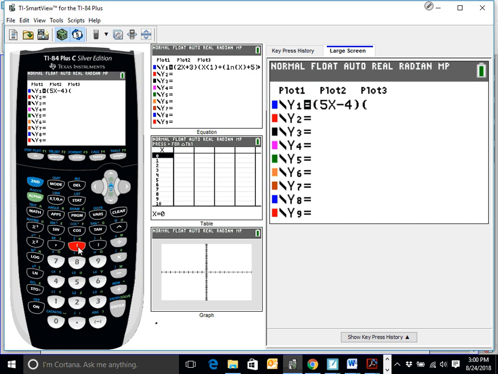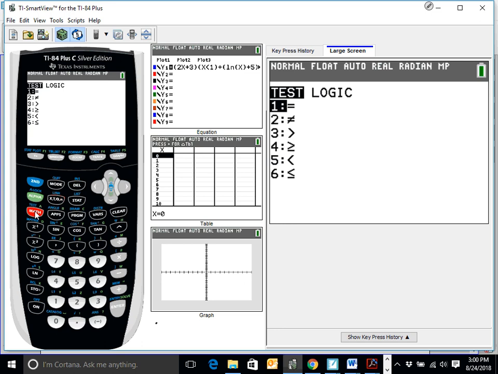So we want to set the parameters. So we say x. Notice right here on the math button written in blue is test. We can hit second test. That'll allow us to choose our less than sign. We can see it's number 5. X less than 3. Close it.